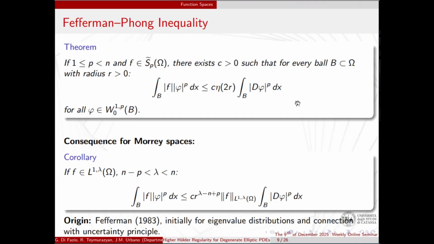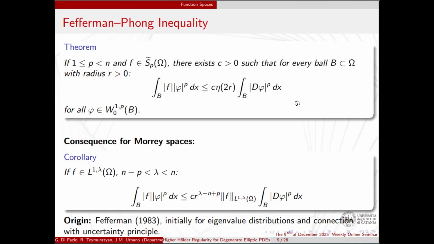So from the mathematical point of view, this is like a weighted Poincaré embedding, because you have a function f that is in the Stummel-Kato class and a test function phi in the Sobolev space W^{1,2}_0. And so you can estimate the quantity containing the function f multiplied by the test function. You can estimate this product in the integral sense with the norm of the gradient of the test function multiplied by a quantity.